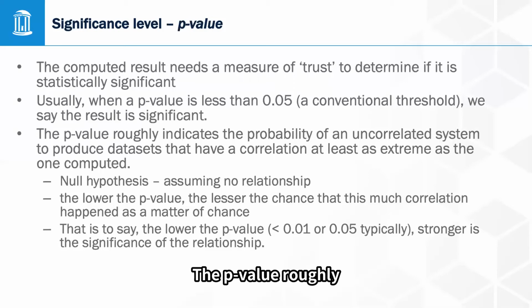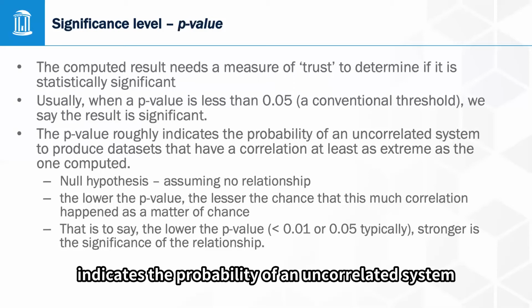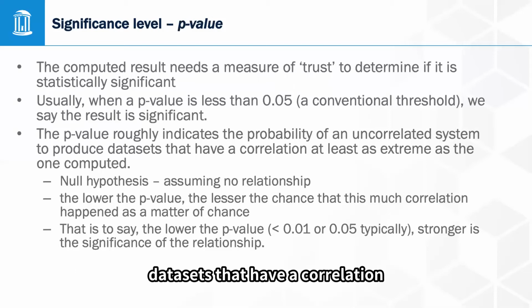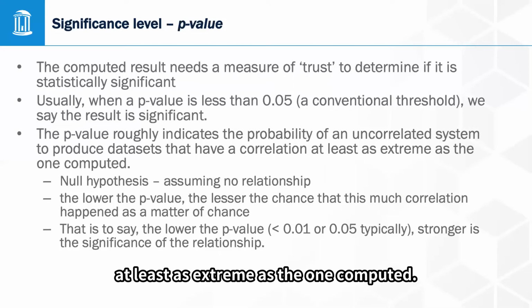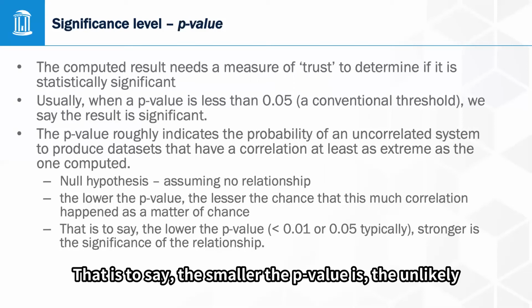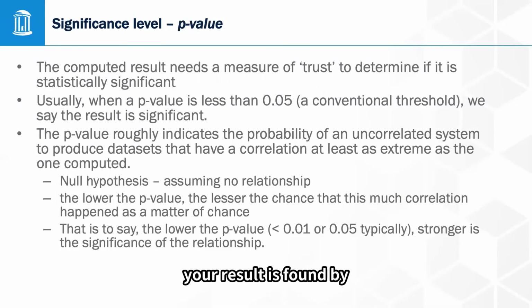The p-value roughly indicates the probability of an uncorrelated system to produce a dataset that has a correlation at least as extreme as the one computed. That is to say, the smaller the p-value is, the more unlikely your result was found by accident.